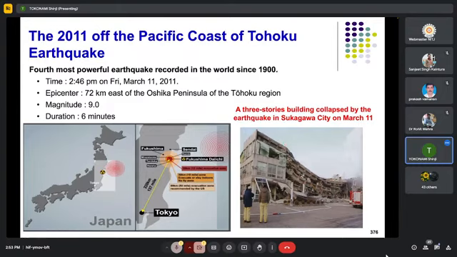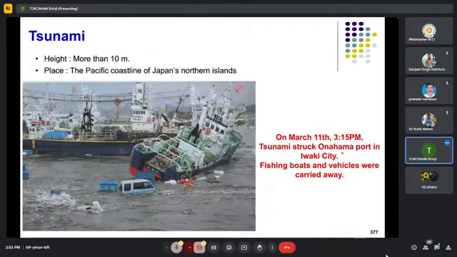Here's a photo. A 3-story building collapsed by the earthquake in Sukagawa City, Fukushima, on March 11. The height of the tsunami was more than 10 meters, on the Pacific coastline of Japan's northern island.